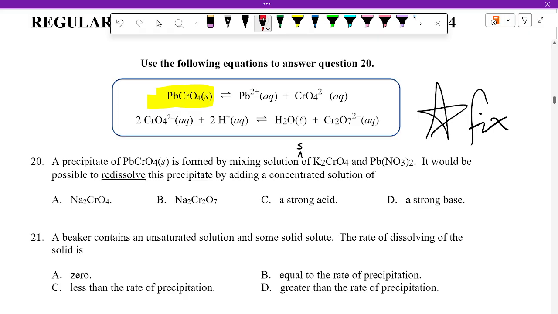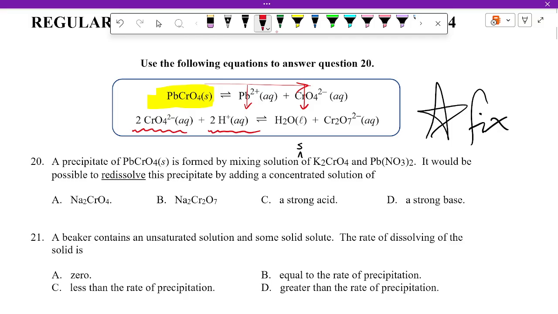So we need one of these two concentrations to go down, to drag it to the right. And we have a second equilibrium here where chromate will react with hydrogen.